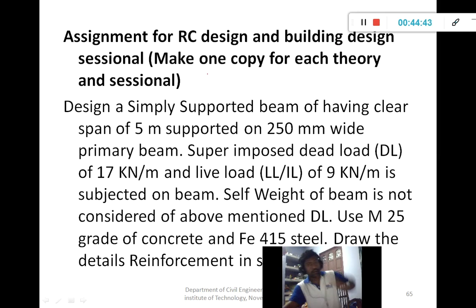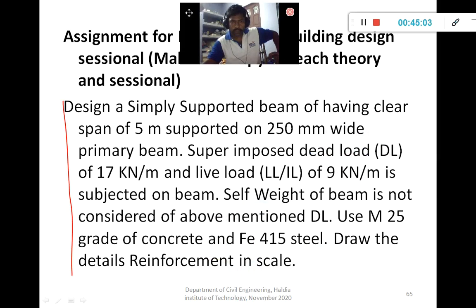I made one copy for each, theory and session, I mean both papers, one theory and one practical. So this problem I have given, just follow the steps, design the beam and draw the reinforcement details.